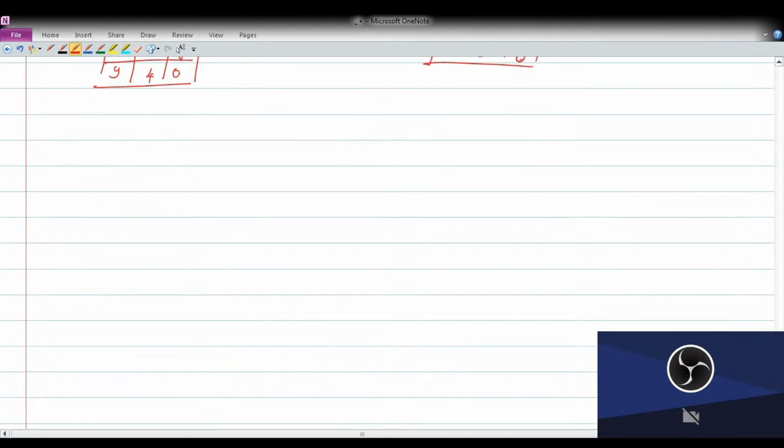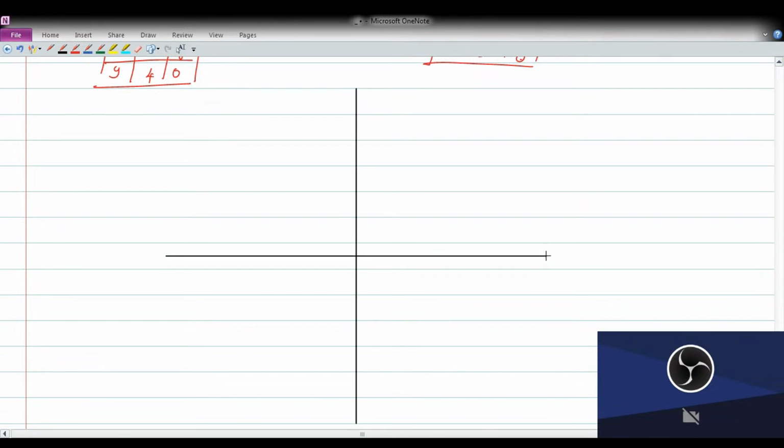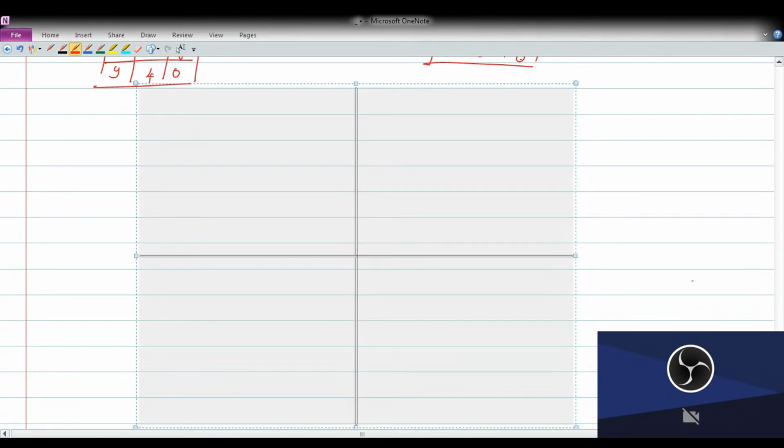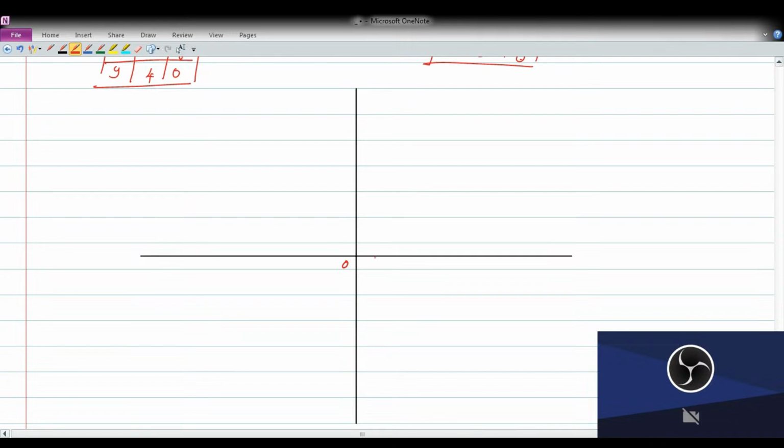Now let us write this in a graph sheet. So let us take a graph. So I am going to mark this. So 0, 1, 2, 3, 4, 5, 6, 7, 8, and this is the x-axis and this is the y-axis.